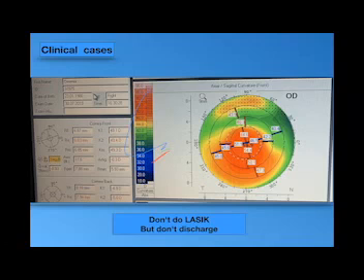And the pachymetry map and the elevation are within good situation. The thickness is more than 500, and the elevation is still within the range of +30 or +25 about the posterior elevation.